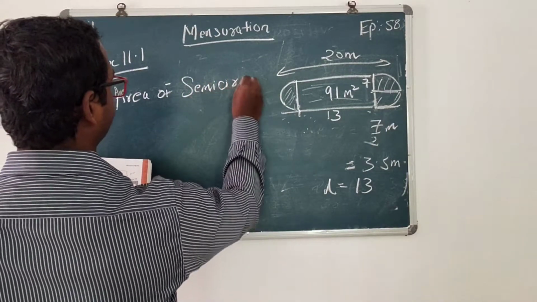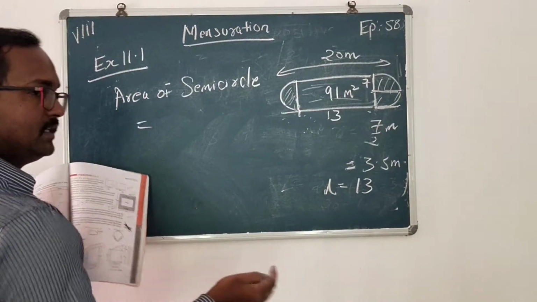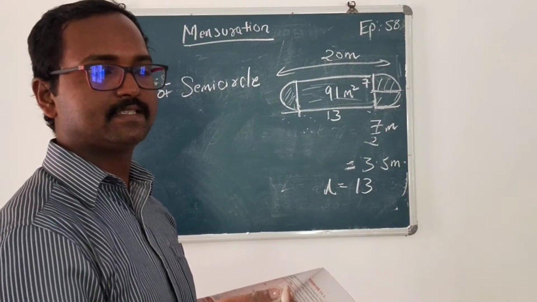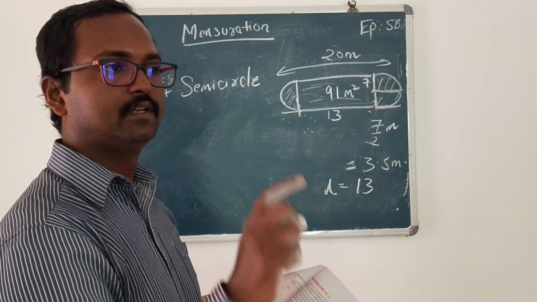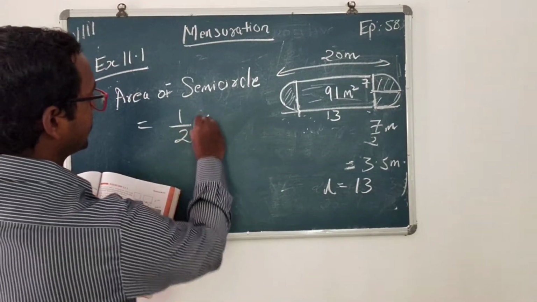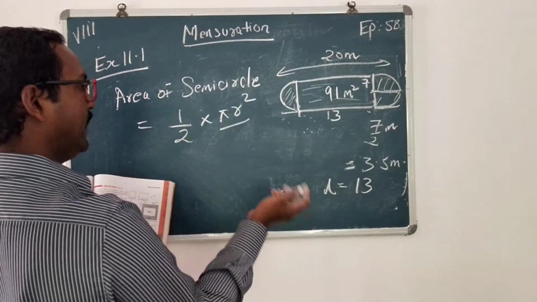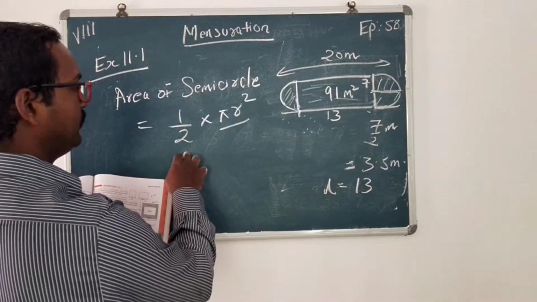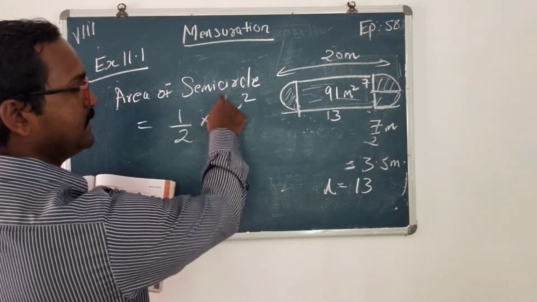So the area of a semicircle formula: the area of a circle is pi r square. A semicircle is actually half of a circle, so half of the circle is half of pi r square. This is the area of the circle, and to find half of that we multiply it with half. So half pi r square is the formula for a semicircle.